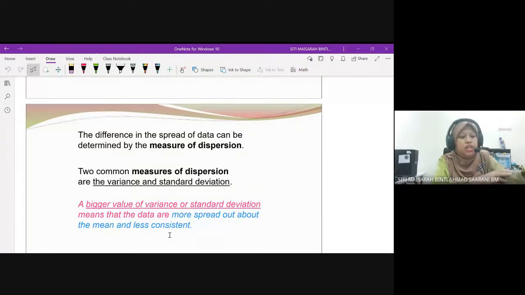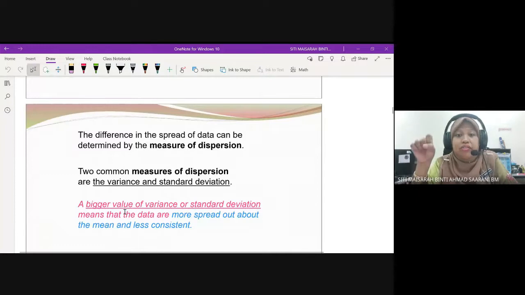So jadi dia punya kurang konsisten lah. So jadi kita nak dia punya data tu lebih konsisten. So suppose dia punya data tu sepatutnya dia mesti around the mean. Dia akan jadi kalau around the mean dia variant dengan standard deviation rendah lah, rendah. Kalau rendah, variant dengan standard deviation rendah bermaksudnya dia lebih konsisten.